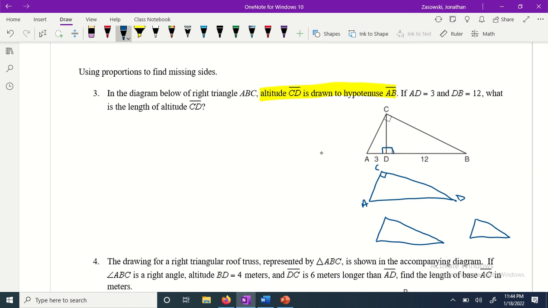These two right angles are both at D. In the medium-sized triangle, the short leg goes from D to C, and the long leg goes from D to B. And in the last triangle over here on the left, we have a right angle at D. DA is the short leg.